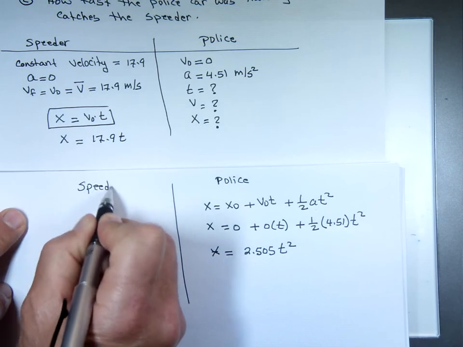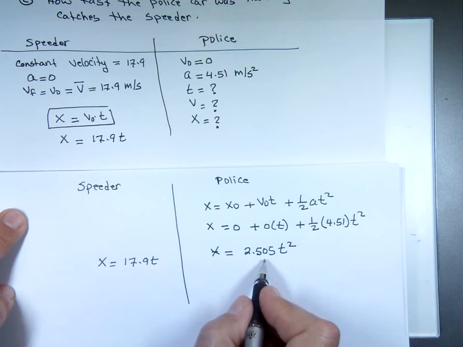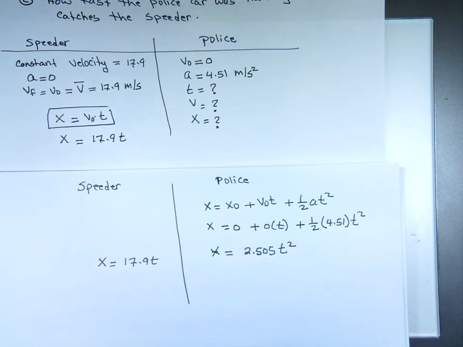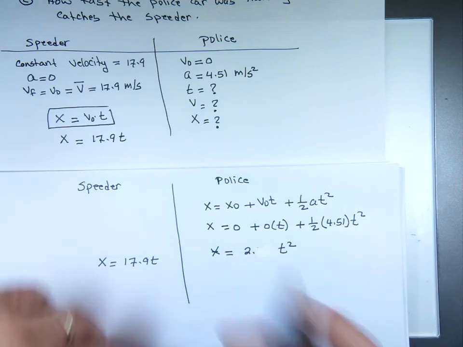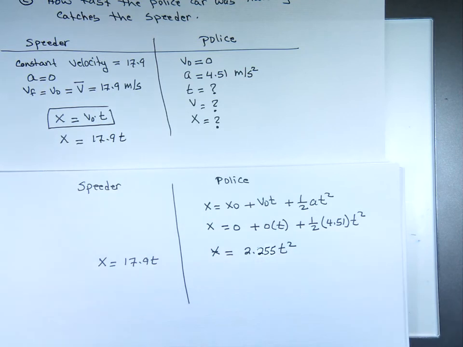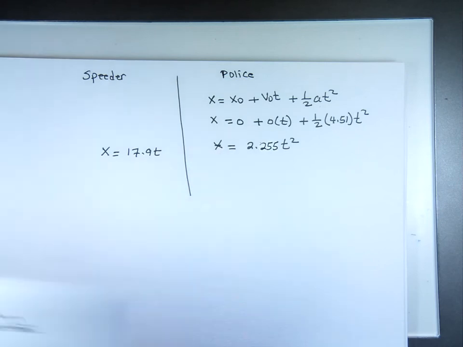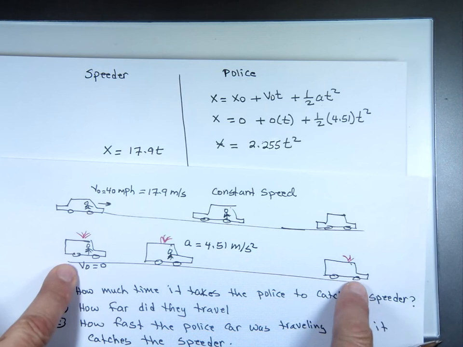It's actually 2.255, thank you. 2.255, yeah. You're right, yeah, because that's a 5. And what do we know about these two distances? Here's my picture. What's that distance from here to there in relation to the distance from here to there? They're equal. So set these two equations equal to each other.